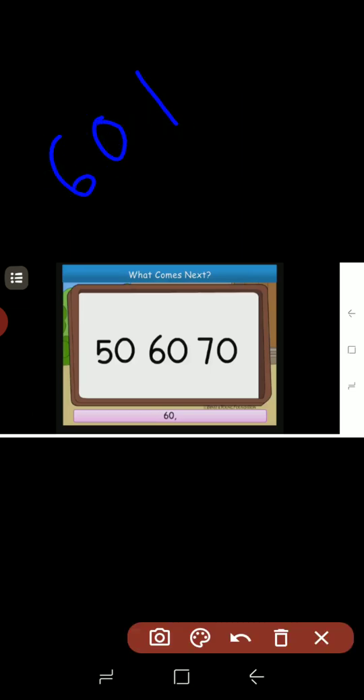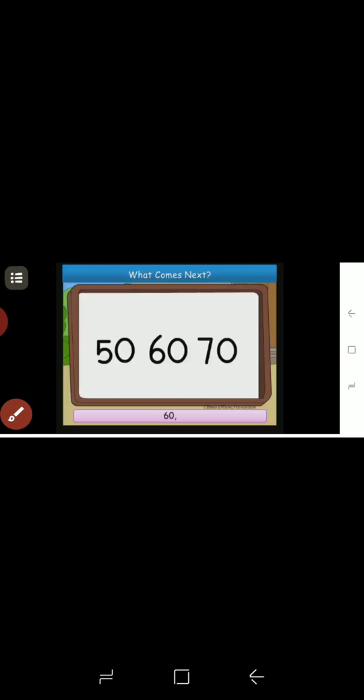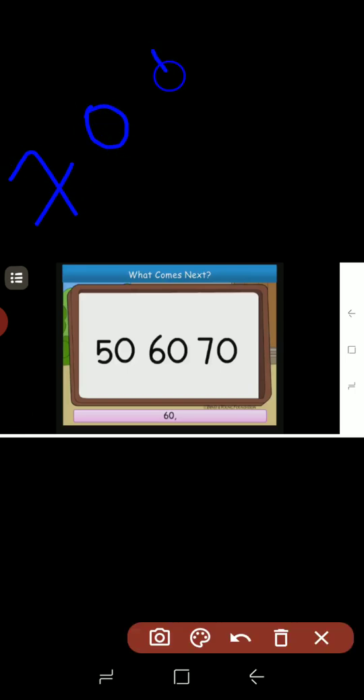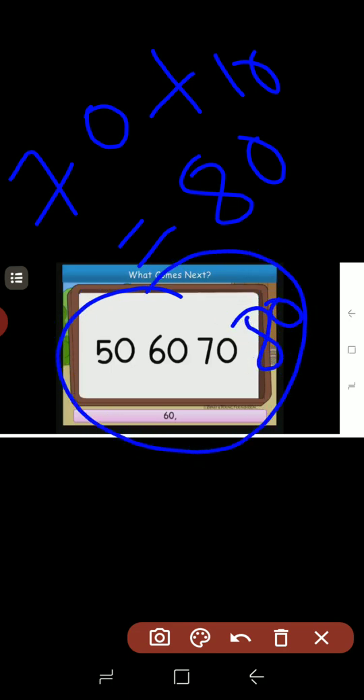Then 60 plus 10 becomes 70. And 70 plus 10 becomes 80. So dear children, in this type you can complete your pattern by adding 10 to it.